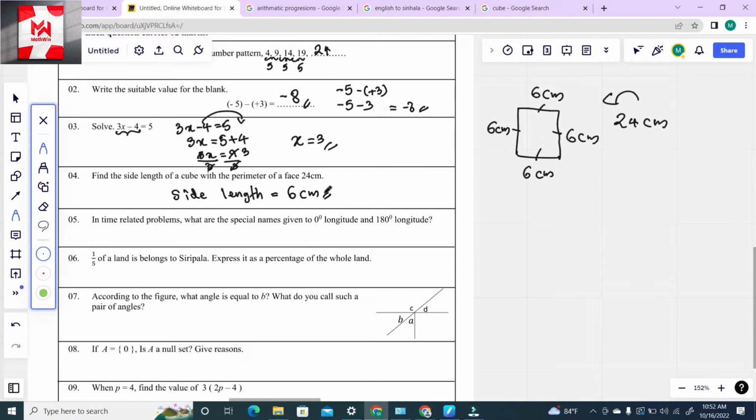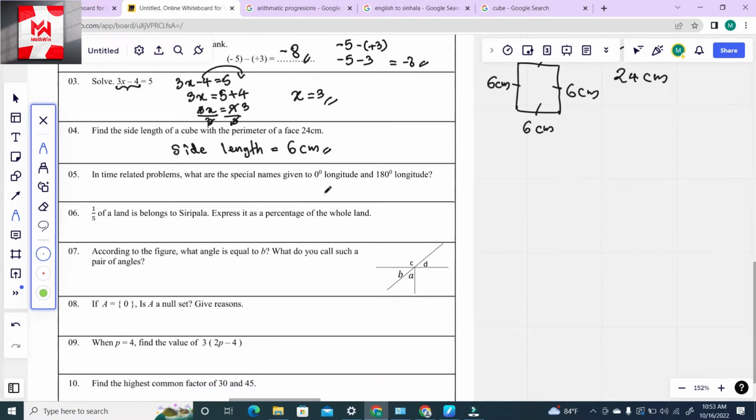And the fifth one: in time related problems, what are the special names given to zero longitude and 180 longitude? We know zero longitude we call the prime meridian.